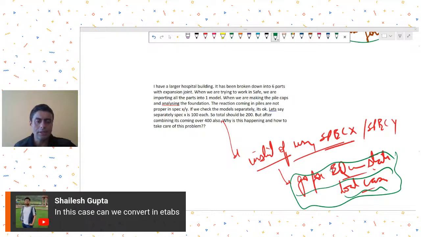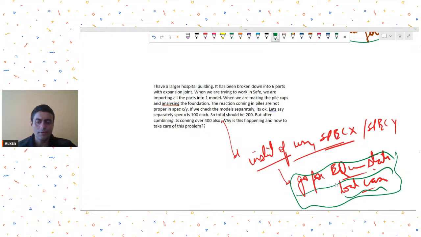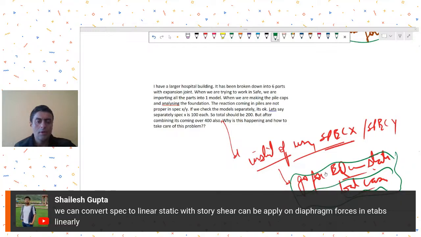Mr. Shailesh is asking, in this case, can we convert in ETABS? What do you want to convert, and to what? Mr. Shailesh Gupta is saying we can convert spec to linear static, with story shear applied as diaphragm forces in ETABS linearly. No, but how will you convert the response spectrum cases?